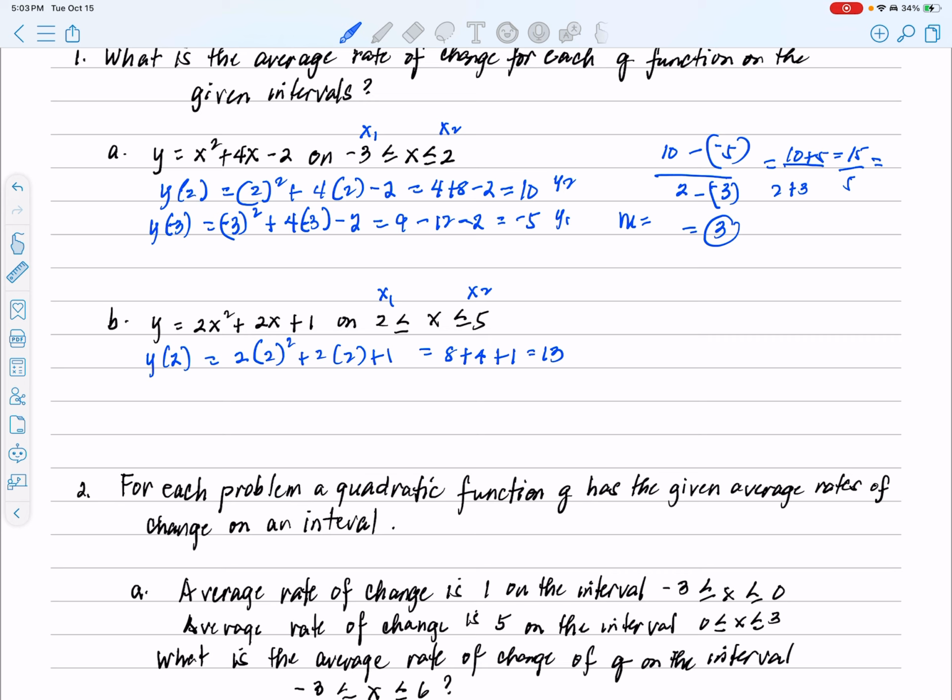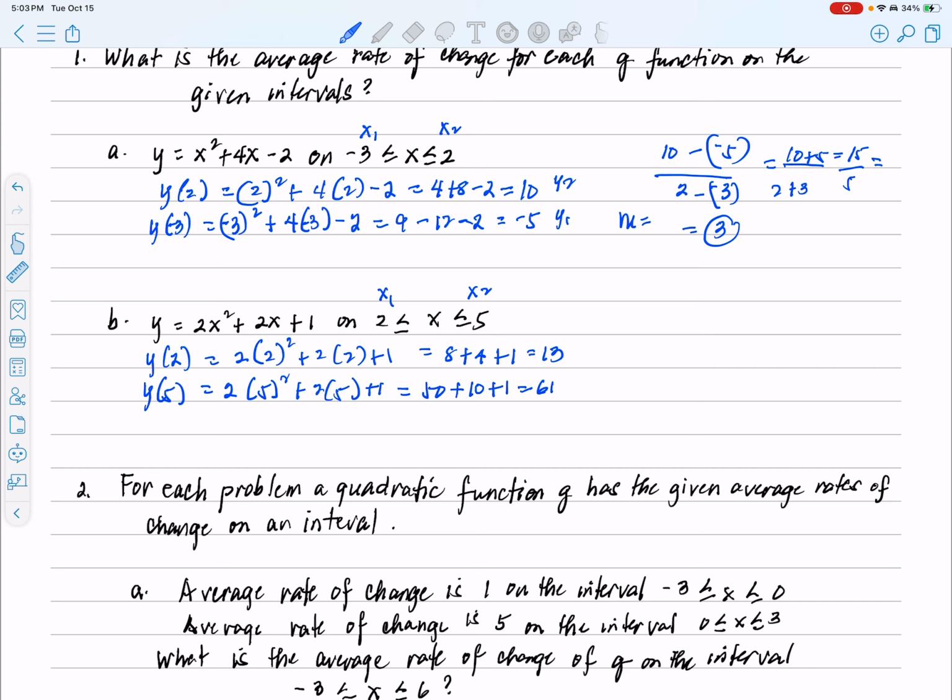Okay? Let's have y when x is 5. That's 2 times 5 squared plus 2 times 5 plus 1. So 5 squared is 25 times 2, that's 50. 2 times 5, that's 10. Plus 1, you have 61.